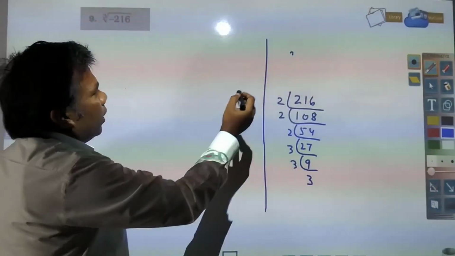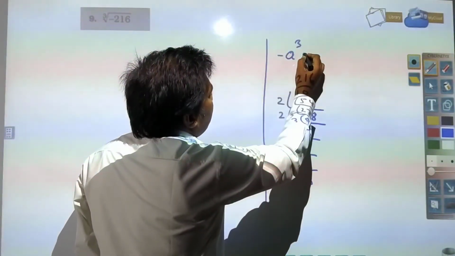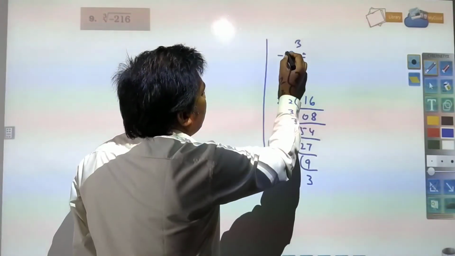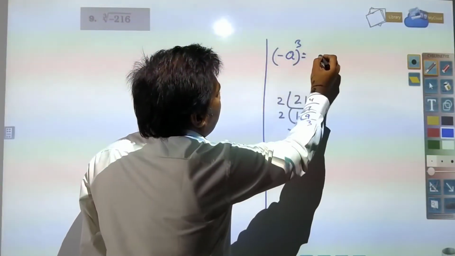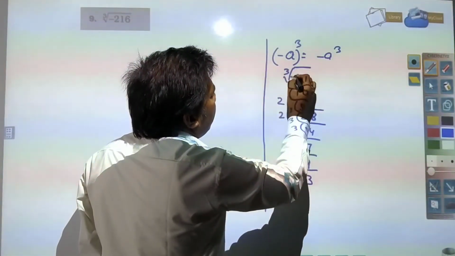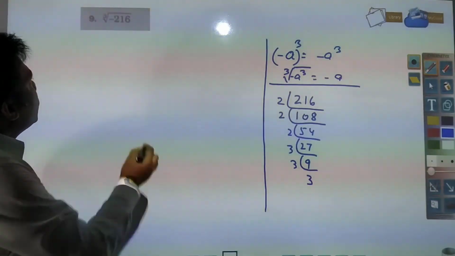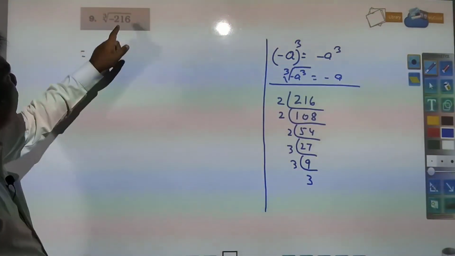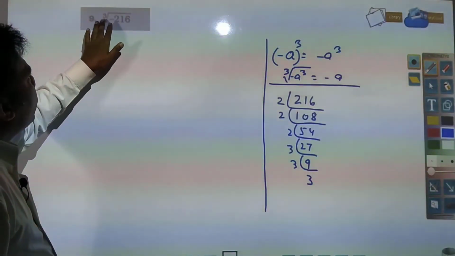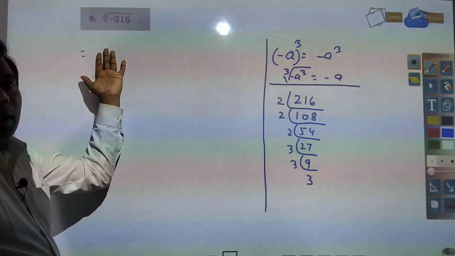Here you see, we have already learnt that (minus a) cube is equal to minus a cube, and the cube root of minus a cube is equal to minus a. This we have already done. So if you need to find the cube root of a negative number, then your result will also be negative.